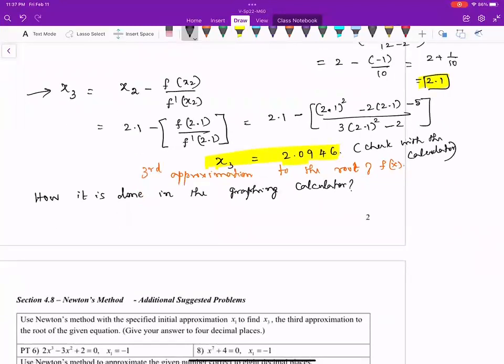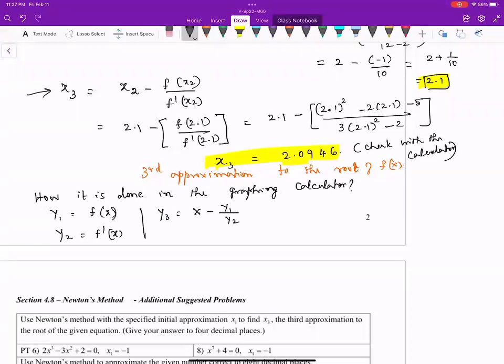So in y1, you can plug in f of x. In y2, you can plug in f prime x. Then you create y3, which is x minus y1 over y2, because y1 is after all f of x.